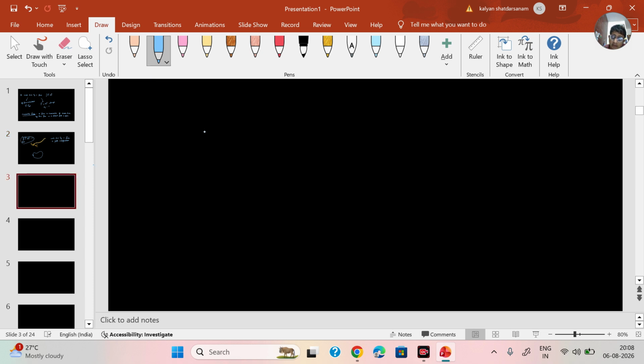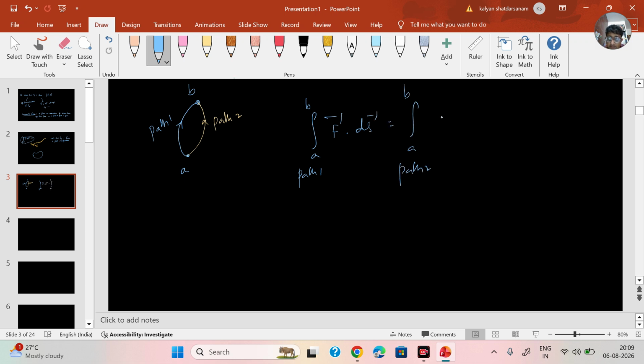Let's see that. Suppose there is a point A and I went to point B in one path. I call it path 1. Then I also go from A to B in a second path, which I call path 2. Suppose I say that work done from A to B in path 1 is equal to work done from A to B in path 2.